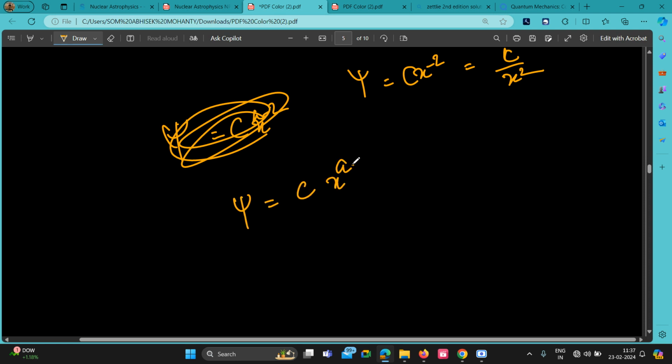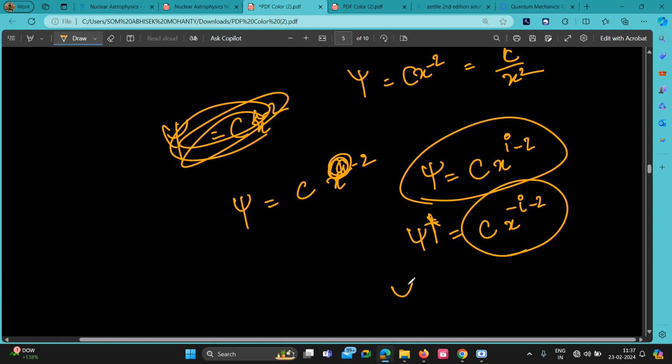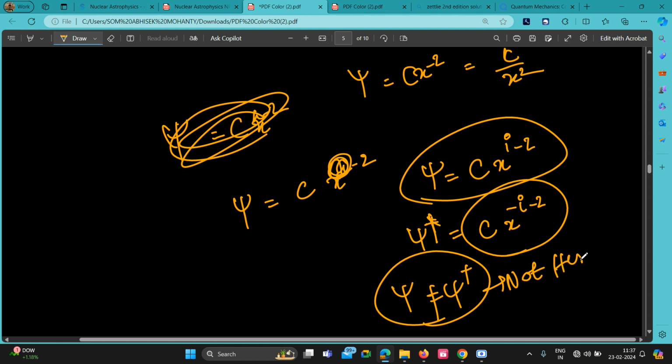Suppose a is a complex number, suppose a is i. If I take the psi star, or psi dagger, it is c x to the minus power, so psi is not equal to psi dagger. So this is not Hermitian. This function is not Hermitian.